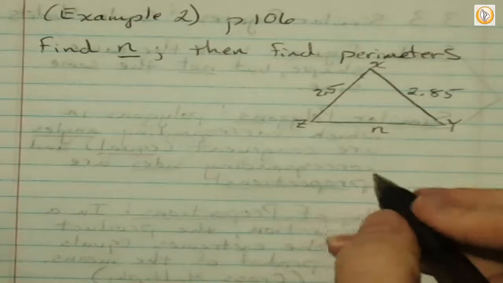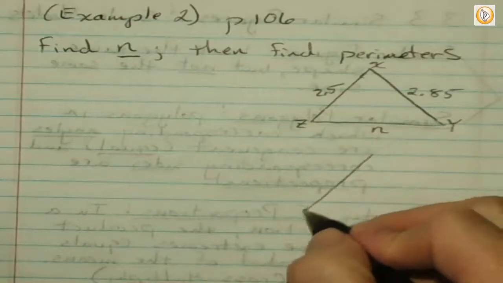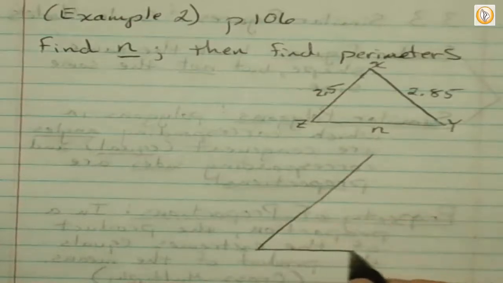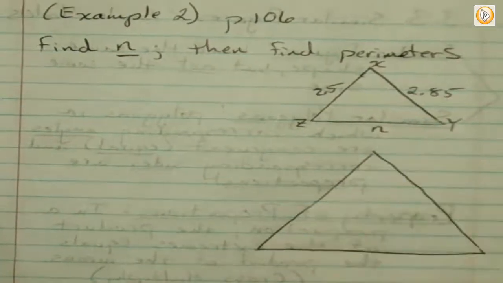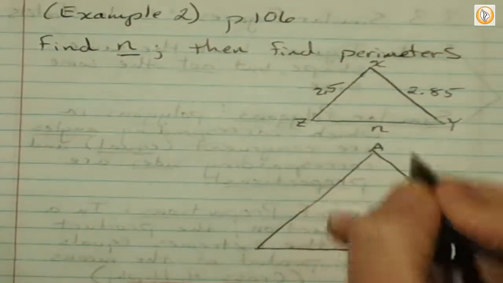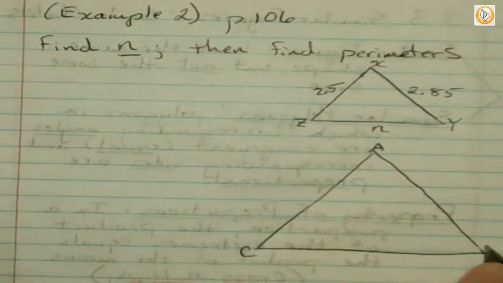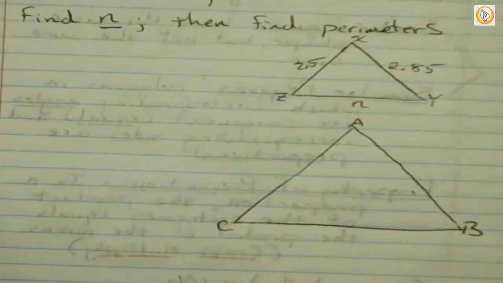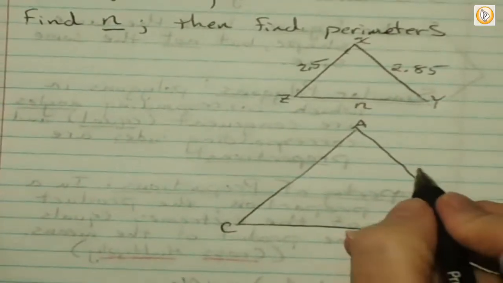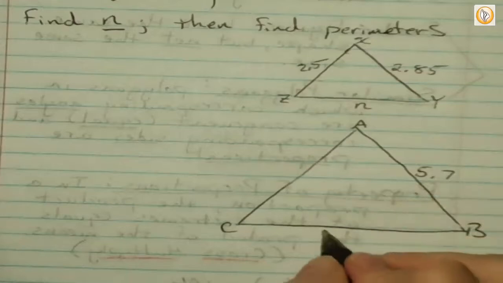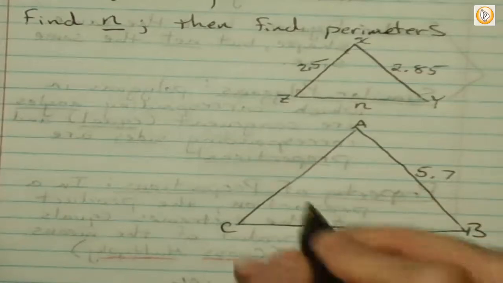And then the larger triangle. I know it doesn't look like it. I don't care. This will be A, C, and B. I don't know why they did that either. And they gave us 5.7, 7.25, and 5.